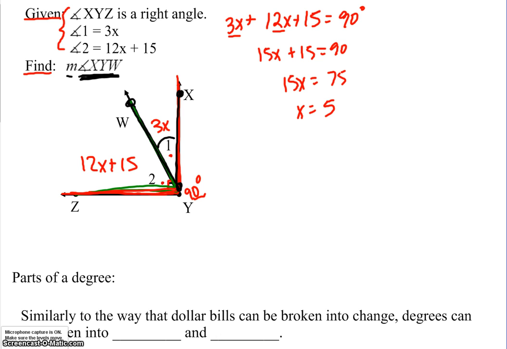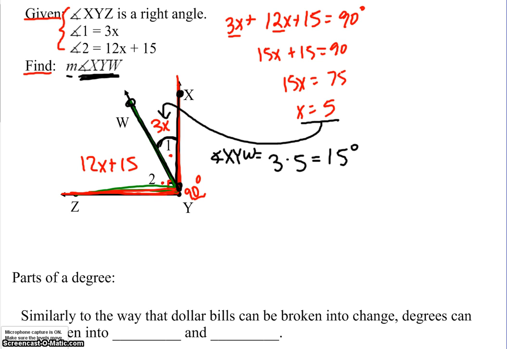They want me to tell them how many degrees that angle is, not how big x is. So I need to plug a 5 back in for x in that angle, and that angle has to be 3 times 5, or 15 degrees. That's how big angle XYW is. There's your actual answer.